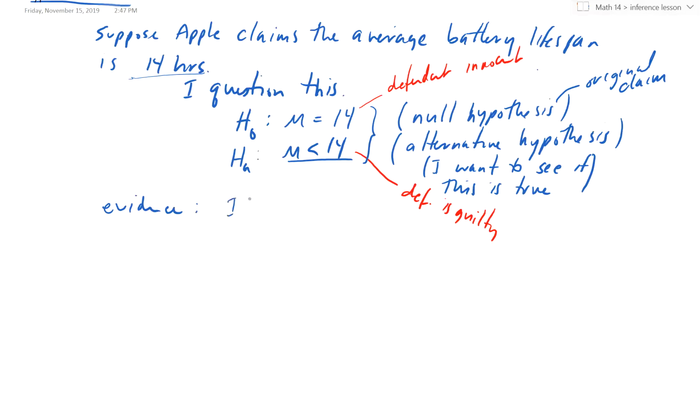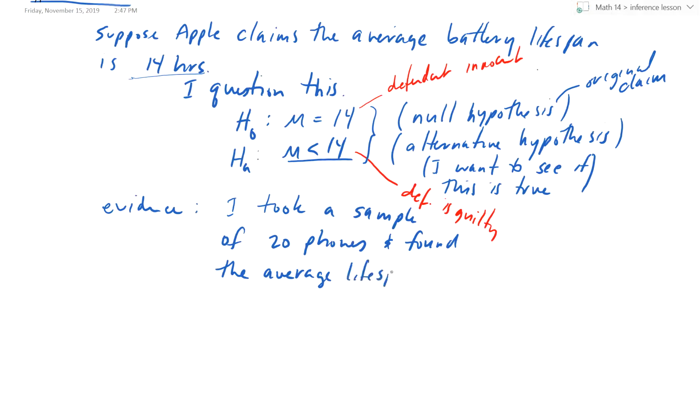So here's my evidence. I took a sample of 20 phones and found the average lifespan is 13.4 hours with standard deviation 1.2 hours.